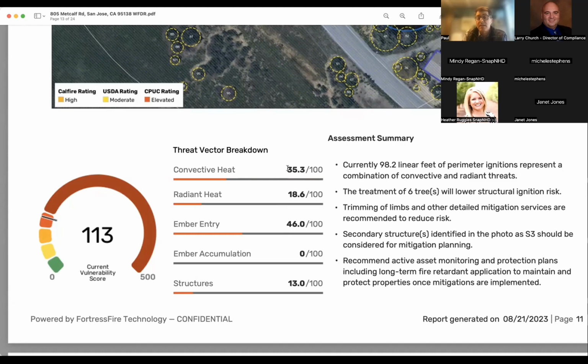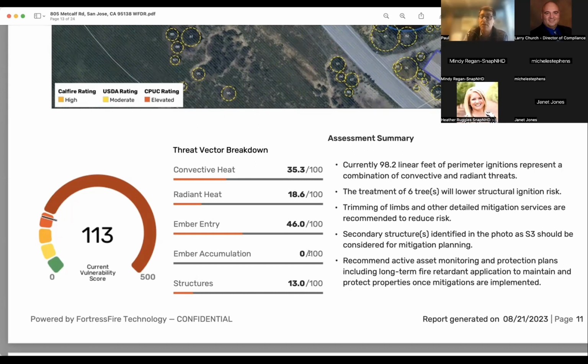So you've got convective heat ignition here of 35. You also get radiant heat ignition, 18 points, so fairly low, about half the score of what you see in convective. You do have ember entry risk, fairly high risk, and you do have risk from other structures, that S3 as we go through. The ember accumulation on the roof does not pose a threat.